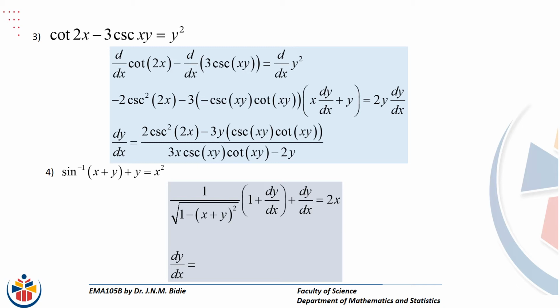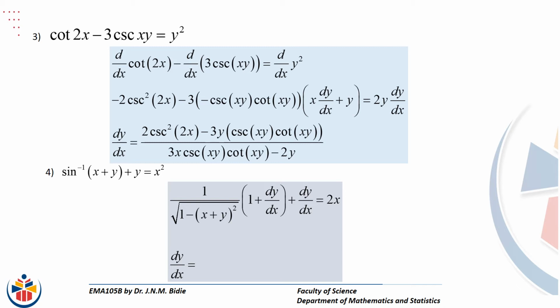Equal to, on the right hand side, the derivative of y squared is 2y multiplied by dy over dx. You need to remember, every time you find the derivative of the variable y, you need to use the chain rule because y is a function of x.